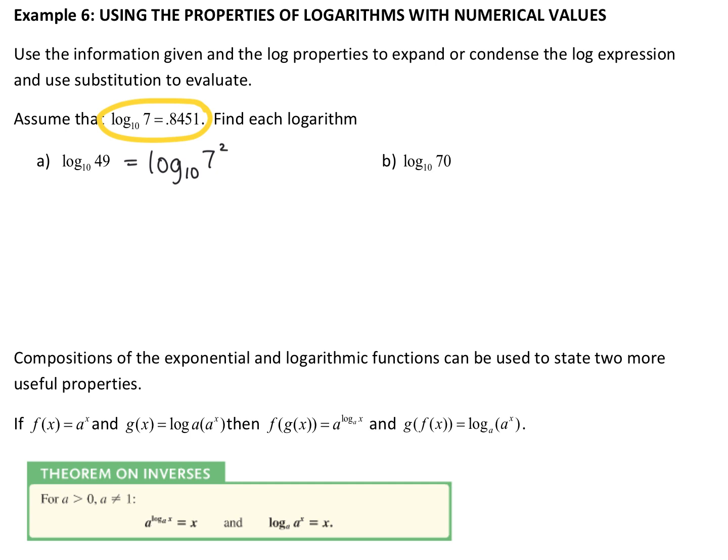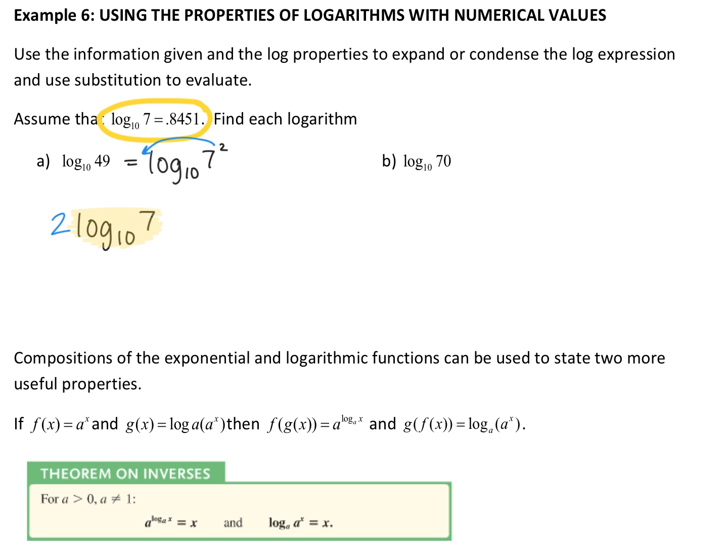Okay, that's almost right. You now need to move the 2 because you can't plug it in right now. We're going to move that 2 out in front. So it's 2 times log base 10 of 7. Okay, you have log base 10 of 7 is 0.8451. You're going to substitute, you're going to replace.